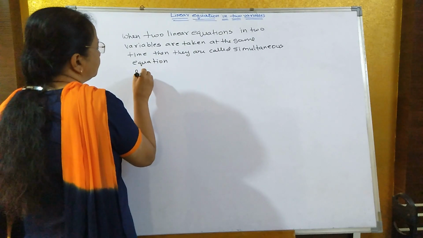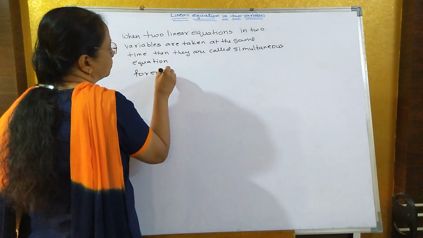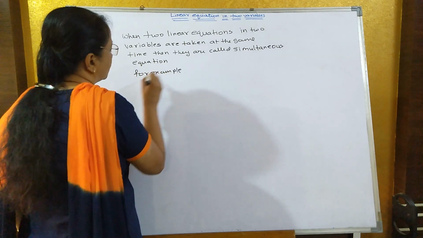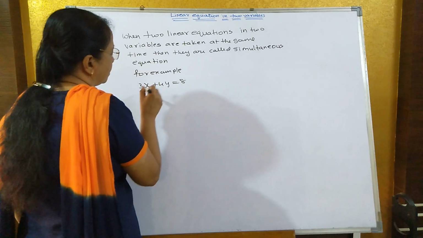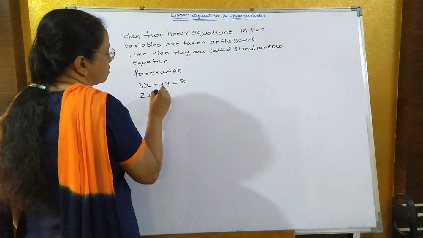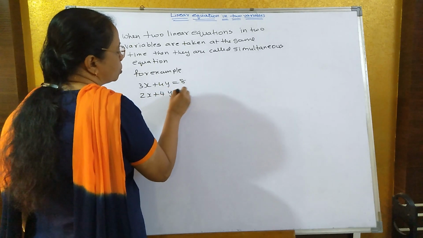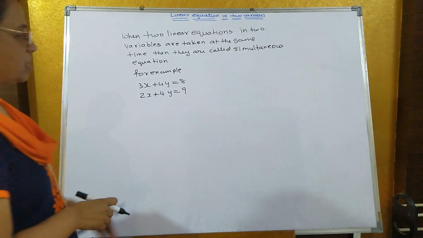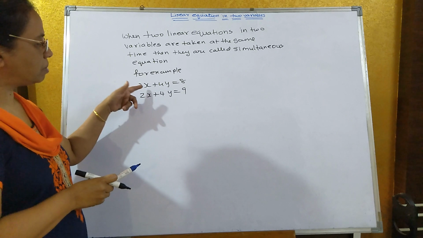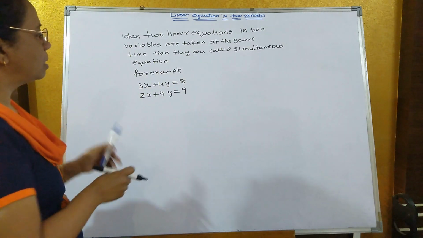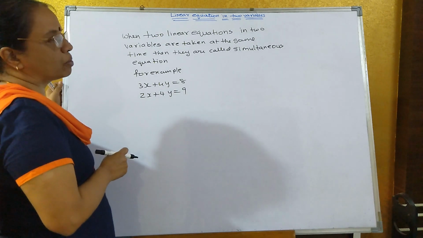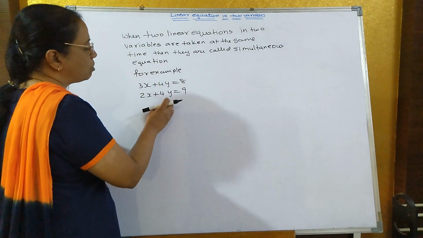For example, 3x plus 4y is equal to 8 and 2x plus 4y is equal to 9. So such equations, when two equations are taken at the same time having two variables, are said to be simultaneous equations.